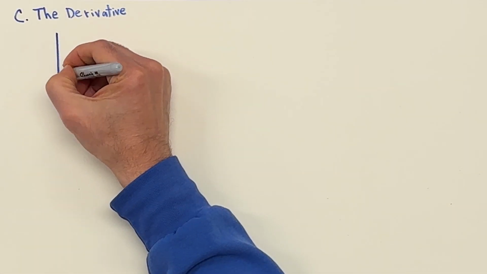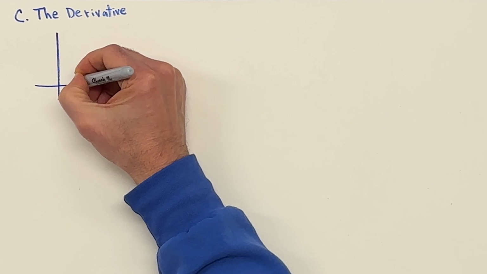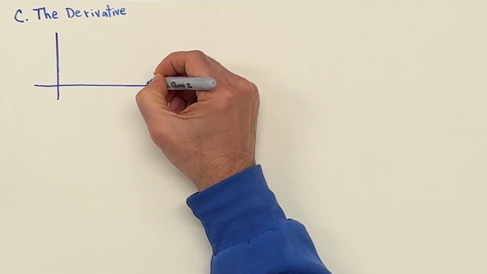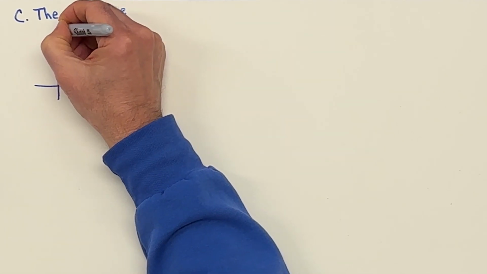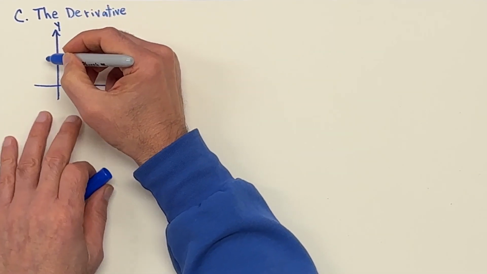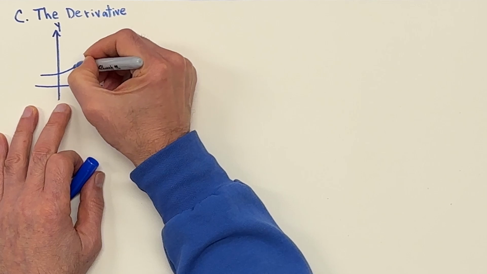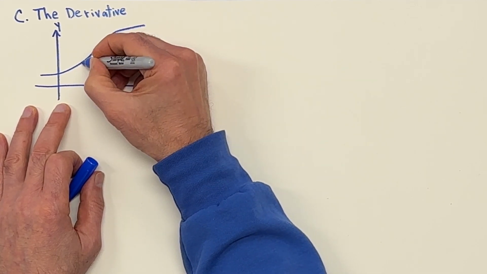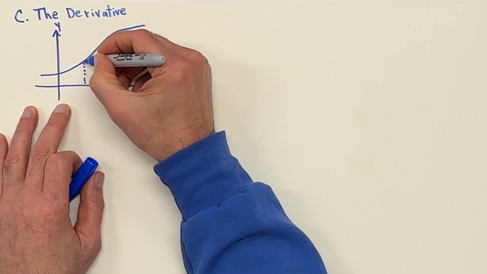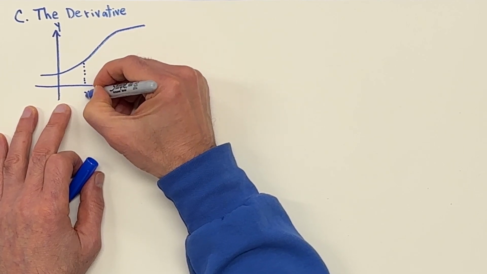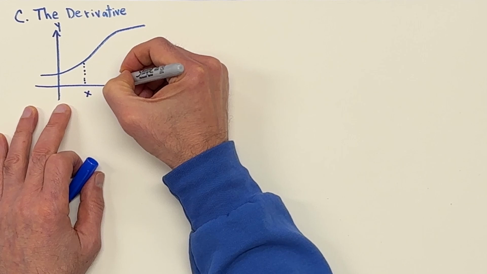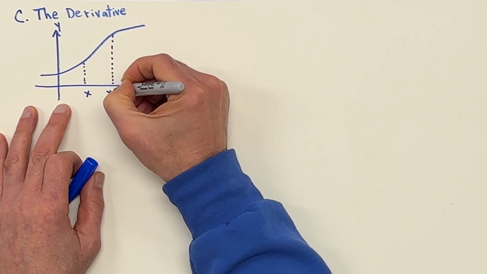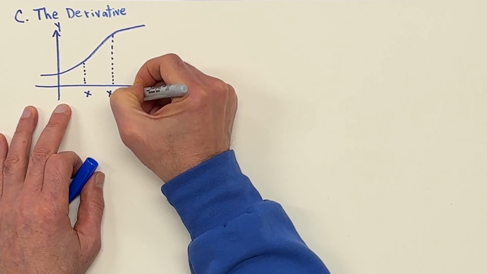So we start here with an arbitrary function. Here's your x-axis. X increases this way. This is your y-axis. And we'll look at a function here that does something like this. And we're going to be interested in the slope at this point. So that'll be x. And we're going to come over here, x plus delta x. Delta x is the change.